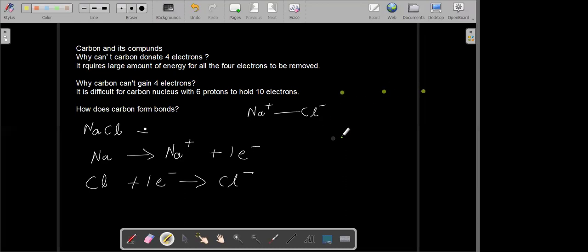So suppose these are the sodium ions, they are held together by the strong electrostatic forces of the chloride ions. The chloride ions hold the sodium ions together in this way.